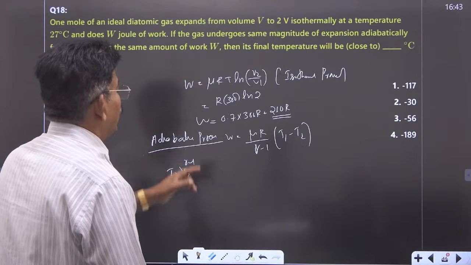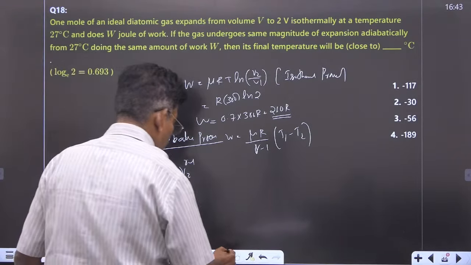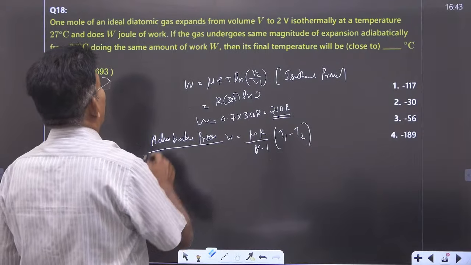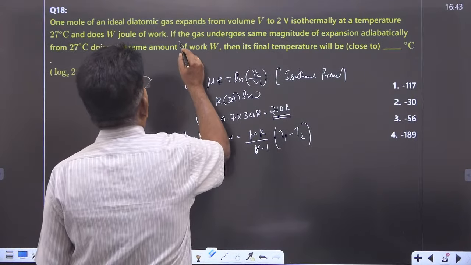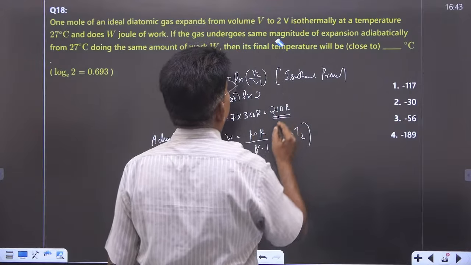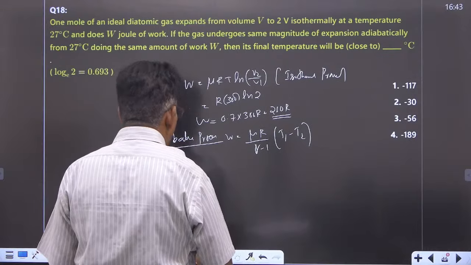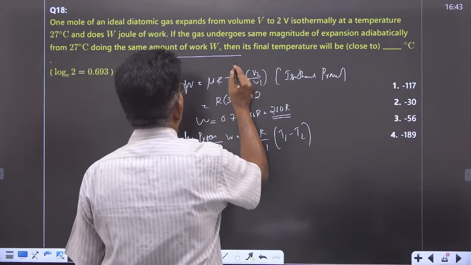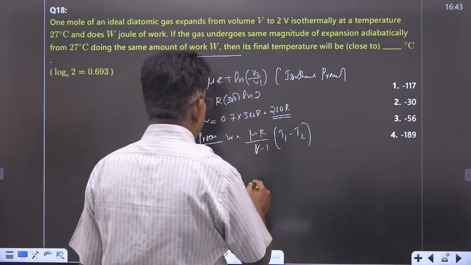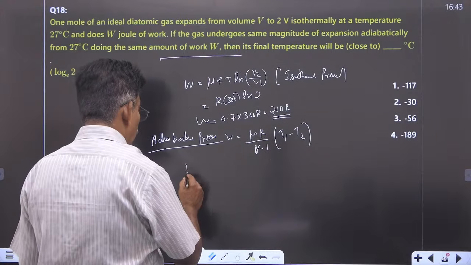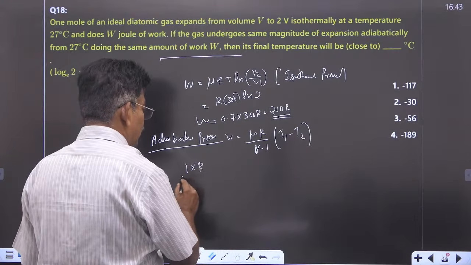It is given that the gas undergoes the same magnitude of expansion adiabatically and does the same amount of work; both the works are equal. This work and this work are equal. Therefore, what can you write? mu 1, R let it be there.